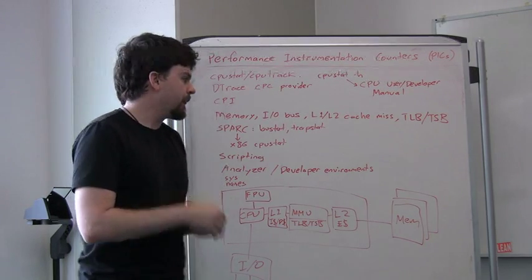Right, and one more caveat that, Rock, you mentioned early on, but I think it's important to mention again, is the use of processor sets and binding when you're using these tools. Because by definition, out of the box, every thread on the system is potentially going to be scheduled on any CPU, and if you're just looking at one particular processor thread, you're going to get a lot of noise.